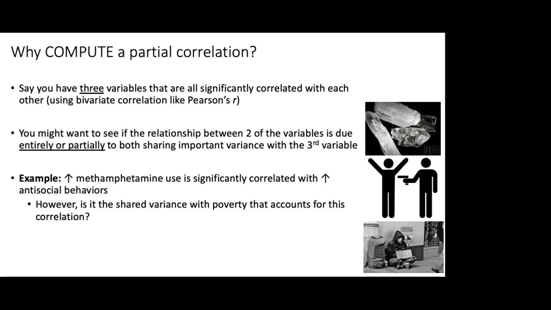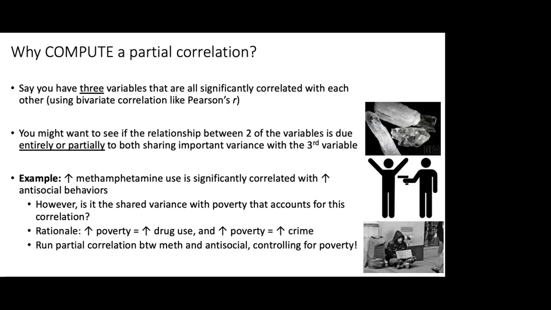Or is there something unique about this relationship between drug use and antisocial behaviors? So are drug use and antisocial behavior associated beyond their shared variance with poverty? That's a question that we could answer with partial correlation.